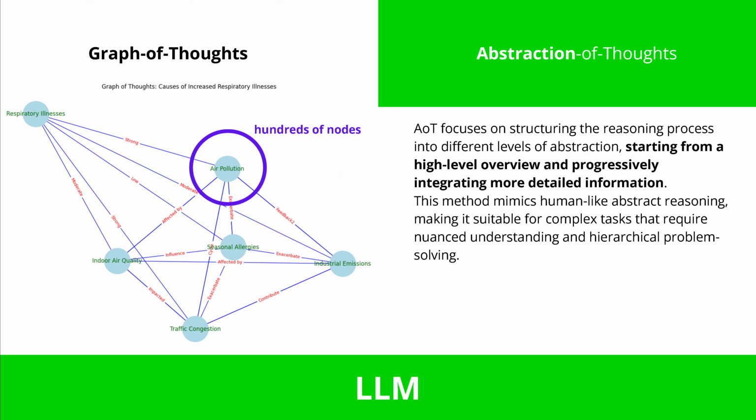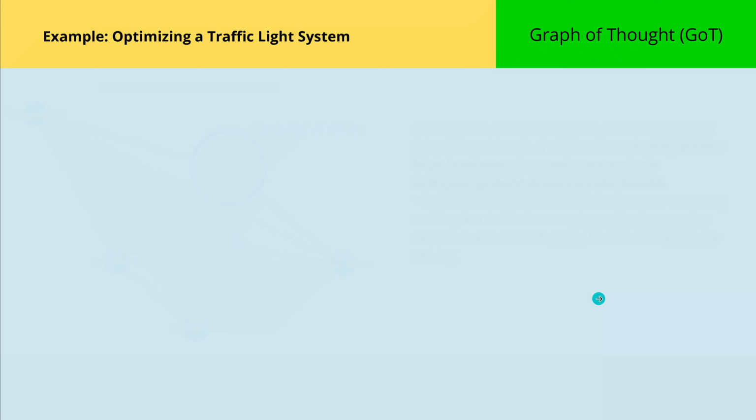Now, if you do it a professional way, you can zoom in, for example, to this master node, and you will see that air pollution consists itself of a very complex graph of hundreds of sub-nodes and hundreds of sub-edges. So you can dive in, you can zoom in into this graph if you have the compute infrastructure for this. But it is really easy to see immediately the main contributors, for example, to respiratory illnesses.